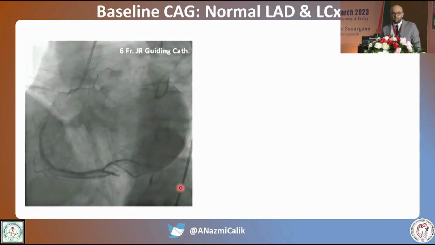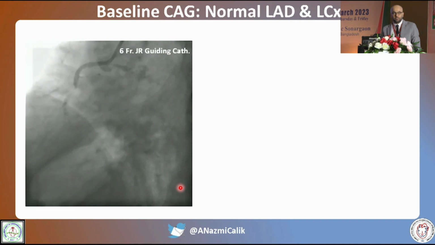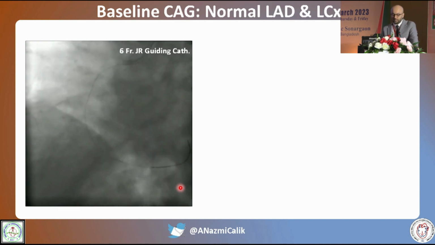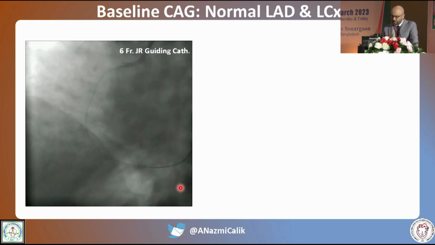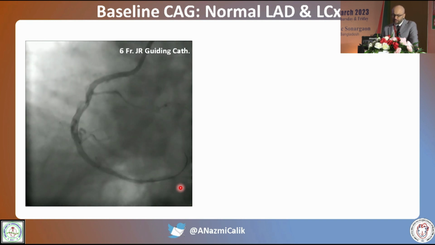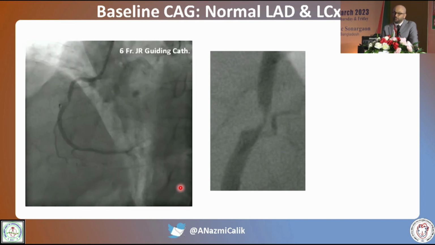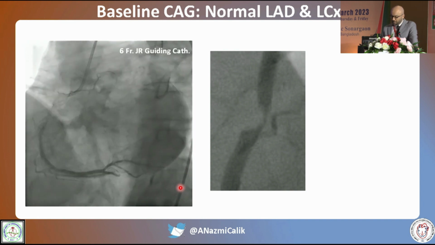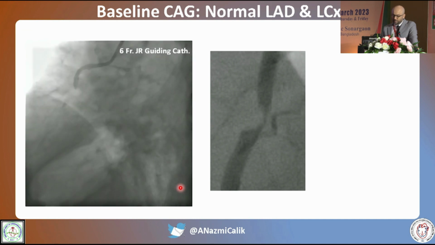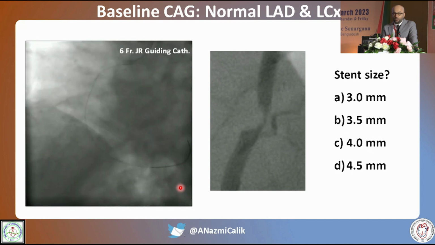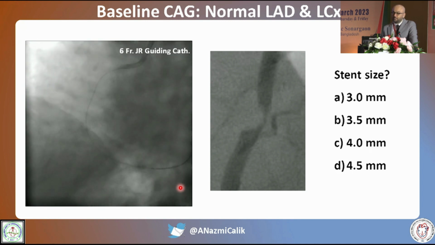In the baseline coronary angiogram, the left system was normal, but we had a subtotal occlusion in the middle of the RCA. As you can see, this was an eccentric stenosis, which deserved a recanalization. At this point, maybe we can ask the audience about the stent size.